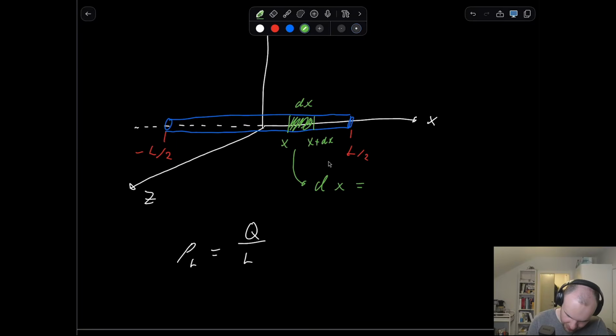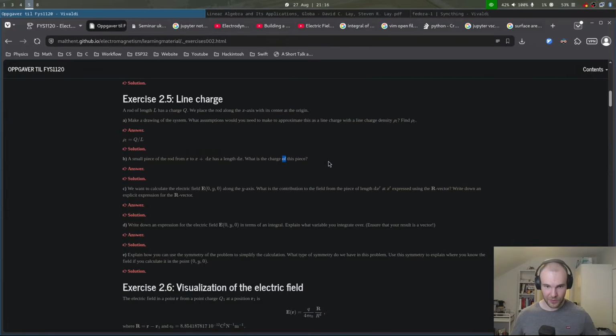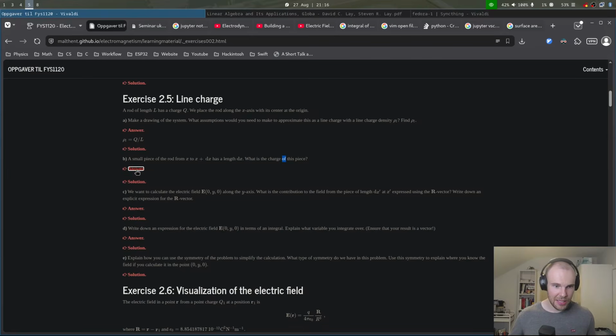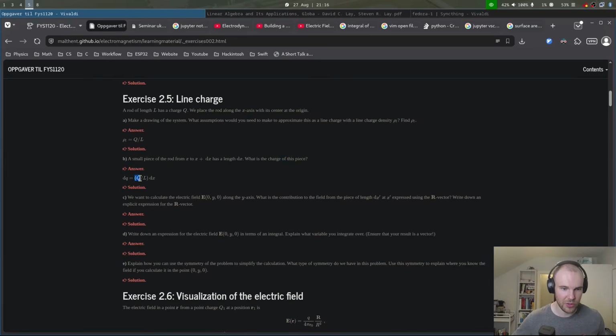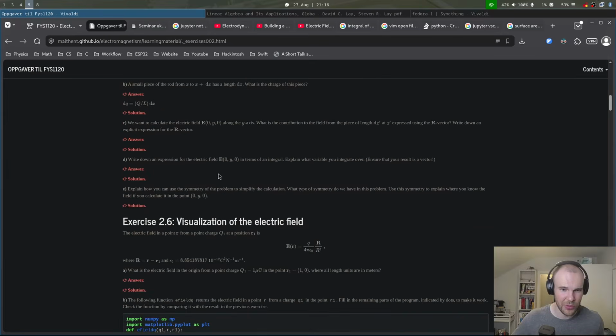So what I'm saying is dq, the small charge. So dq is of course just Q over L, and then of course dx, like that. Okay, nothing more special than that. Yeah, we could use also the density here. That's actually what I did the last time, but it's the same.